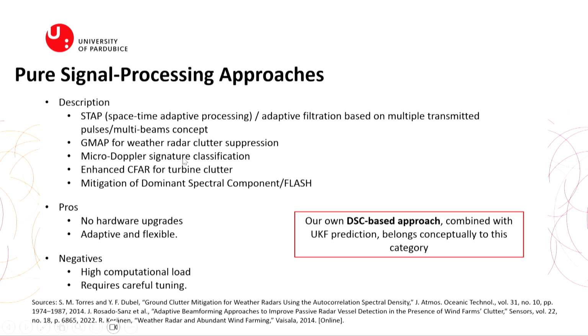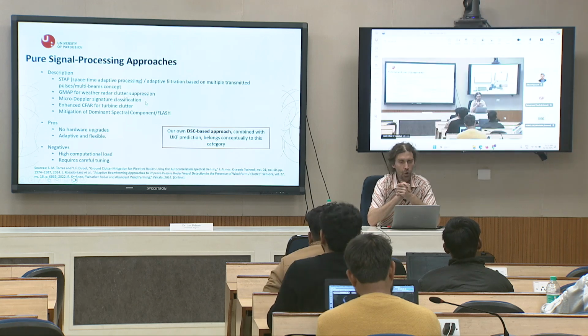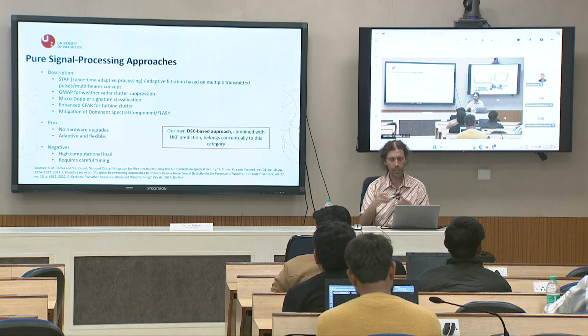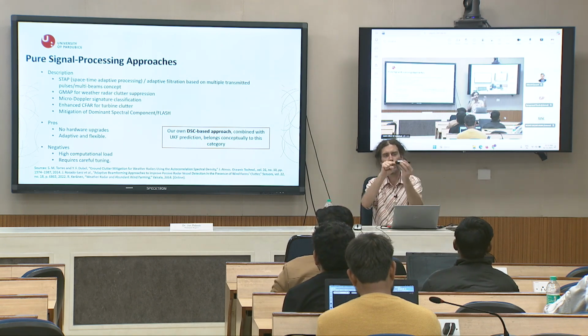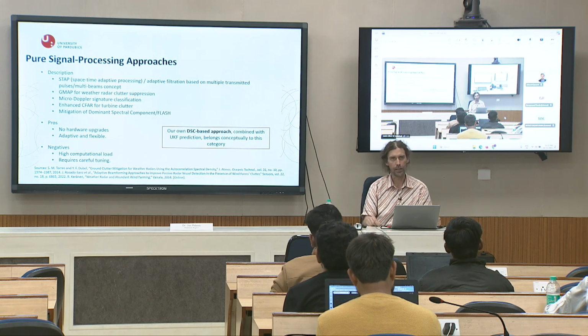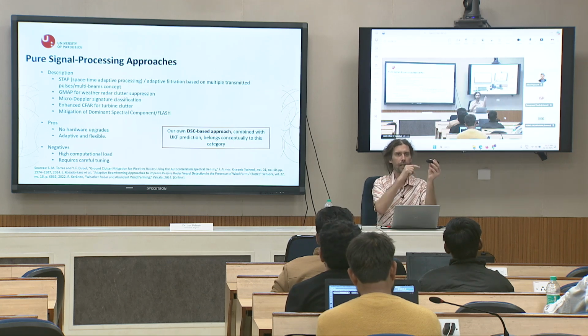Then microdoppler signature classification. Okay, you know what a Doppler signature is. If I have a moving target, my reflected signal frequency will be different due to the movement. But what is microdoppler? You know the helicopter for sure. Imagine you have a helicopter and the helicopter has blades.